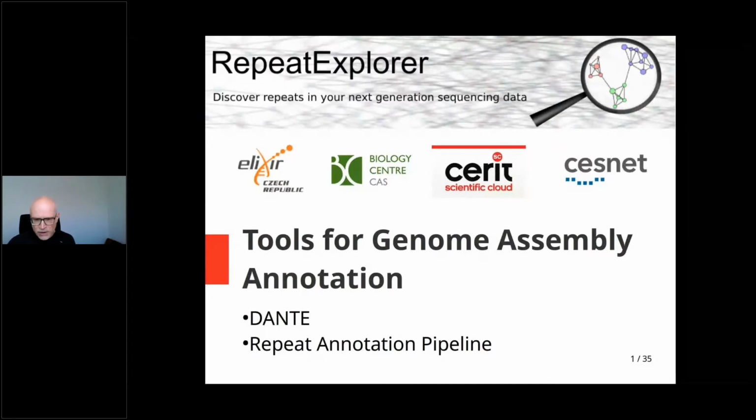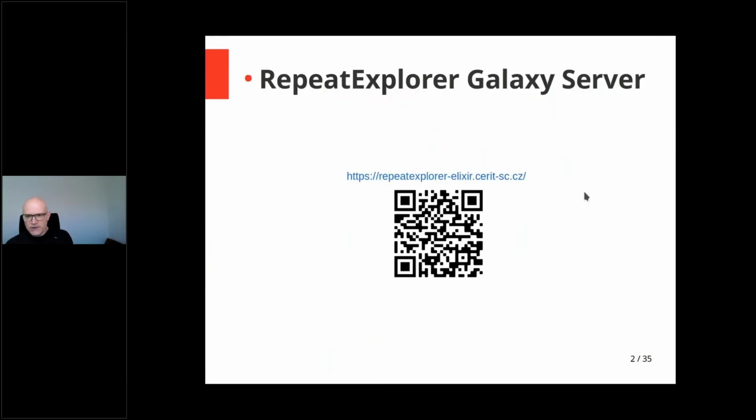And I will talk about two pipelines. One is for annotation of transposable elements, and the other is called the repeat annotation pipeline, which is more complex. The server can be found on this address if anybody wants to explore these tools.